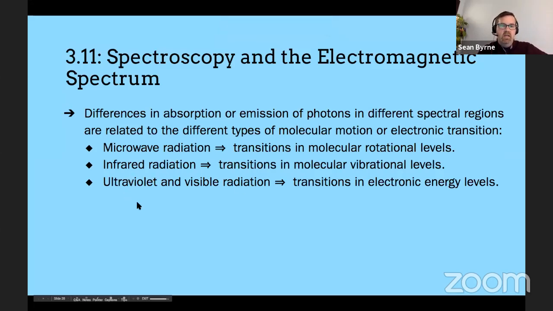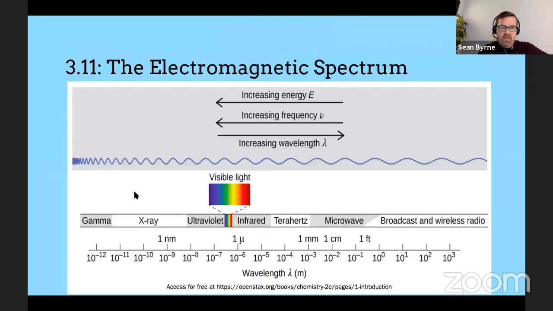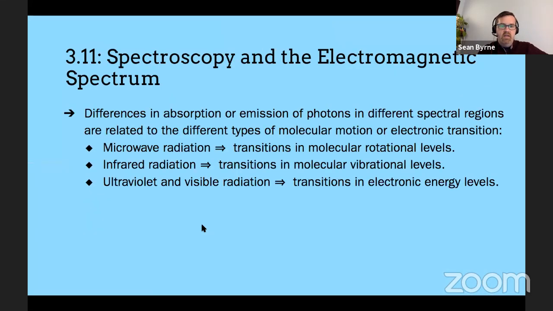So infrared and microwaves as compared to ultraviolet rays: the ultraviolet rays are the higher energy rays. They're going to dig deeper down into the electrons instead of rotating or vibrating an entire molecule.